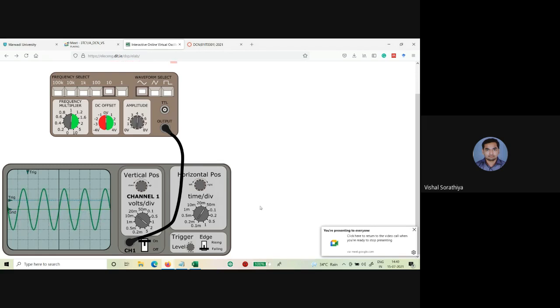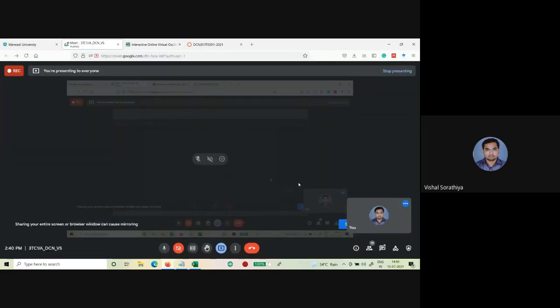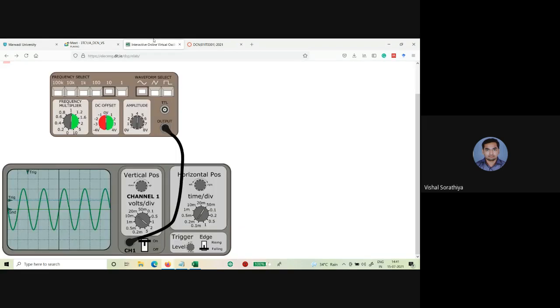Okay. Now to get the frequency, what is the equation to get the frequency from time? We have already studied it in a lecture. 1 by t. So when you do 1 divided by 100 millisecond, you get overall 10 hertz of frequency. Is it right? That 10 hertz frequency we have set over here.